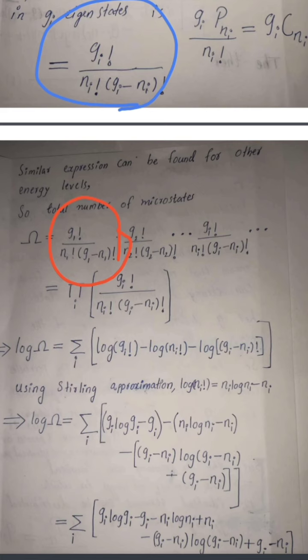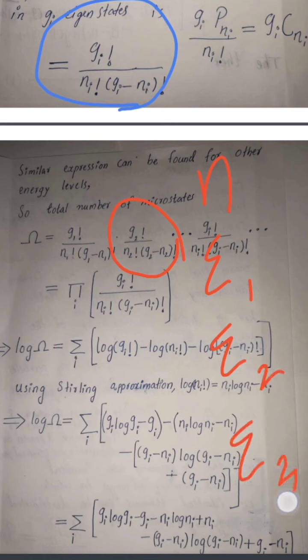The number of ways in which these N2 particles can be put into these g2 states is given by this expression. So the total number of ways in which the particles can be put into all energy levels E1, E2, E3, etc. up to Ei, etc. is given by the product of all these numbers of ways, by the laws of probability theory.